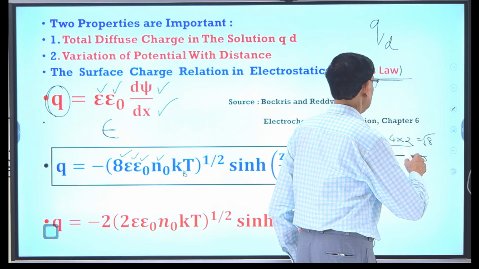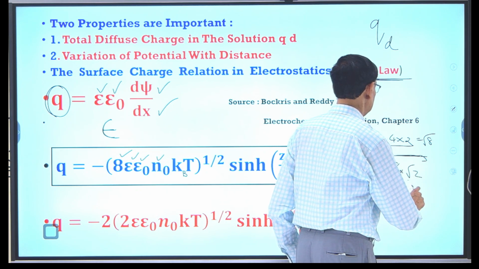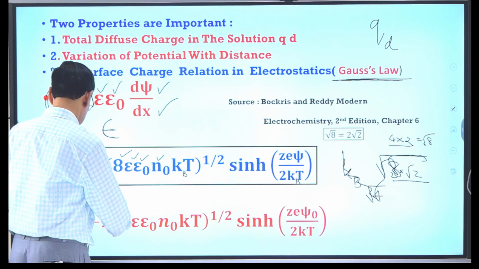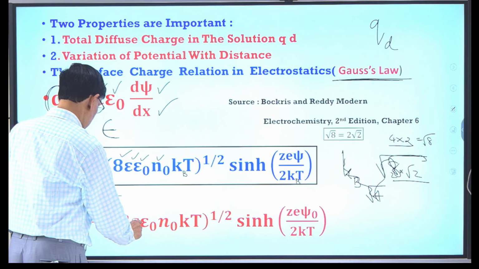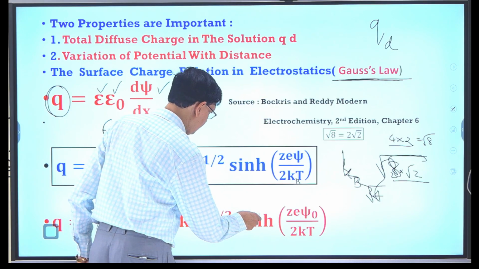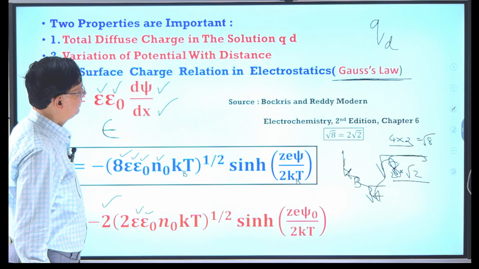So what I can write is under root of 2, and from outside multiply by 2. So I am getting this 2 epsilon E0 N0 kBT, half of sinh ψ by 2. So this part is over.